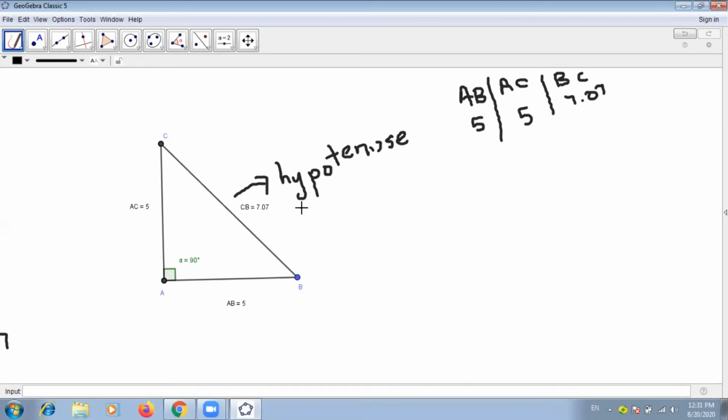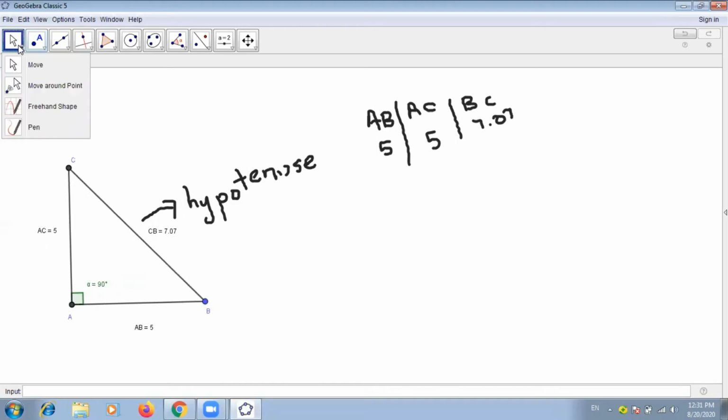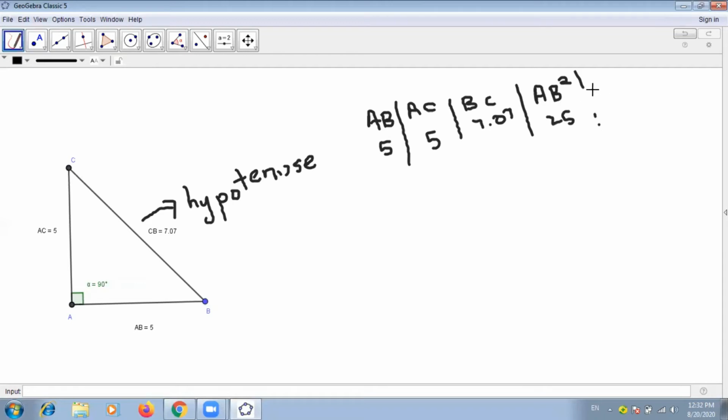Now we further work on these sides and find the square of each side. So we get AB square equals 25. Same way AC square, that is equal to 25 as well, because the square of 5 is 25.